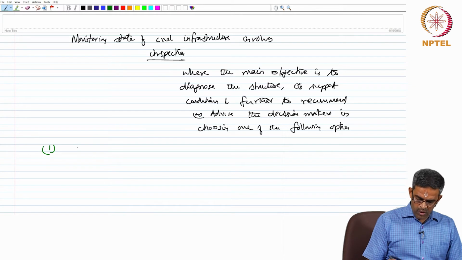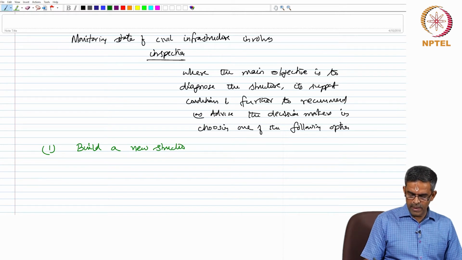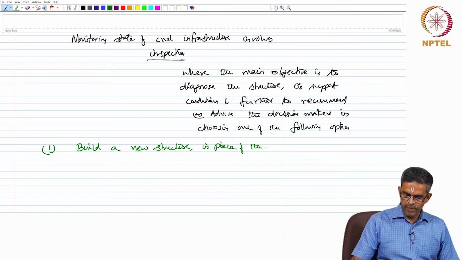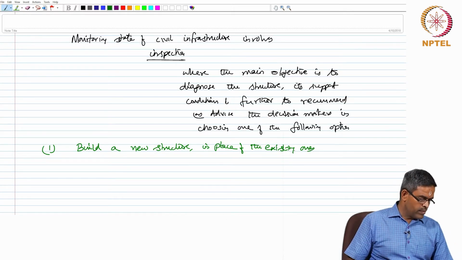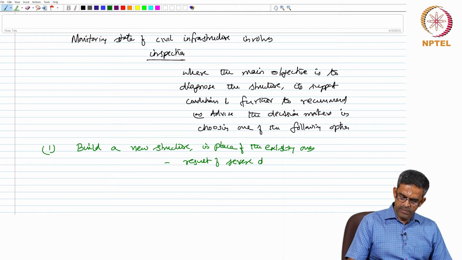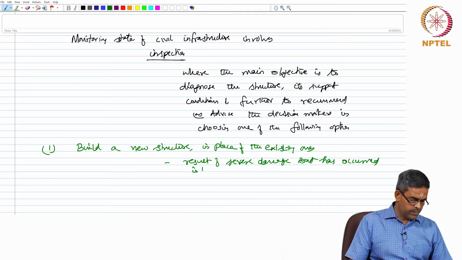One can go for building a new structure in place of the old one. This can be a result of severe damage that has occurred in the structure.